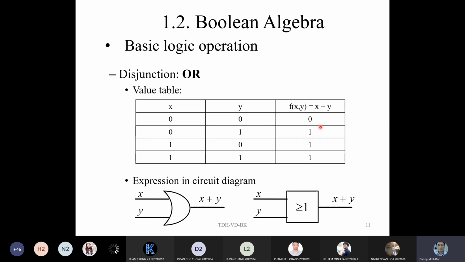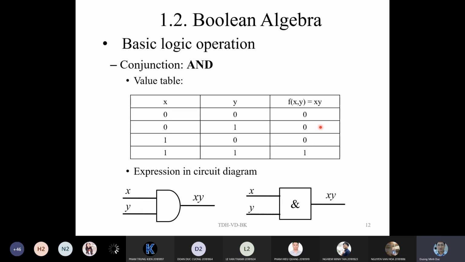Okay, and the next basic logical operation that I would like to introduce to you is the conjunction, or the AND operator, or the multiply operator, the logical multiply operator. So we also define the conjunction with two variables, x and y. And similar to the disjunction, the value table also has 4 cases.